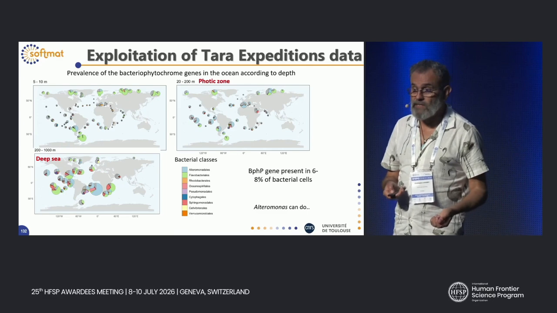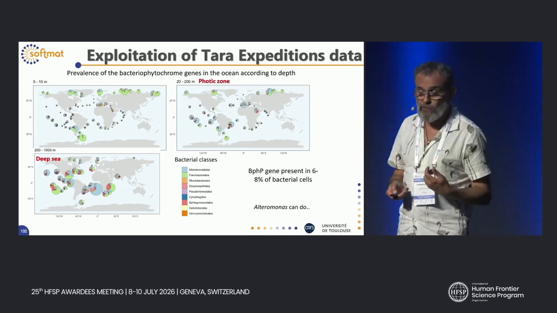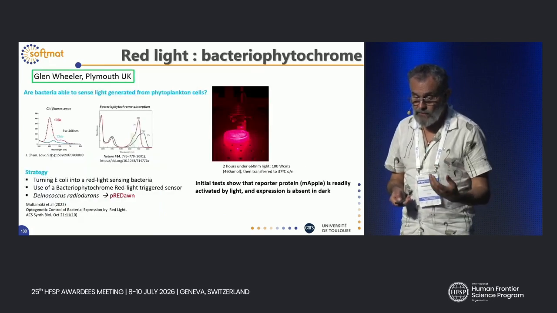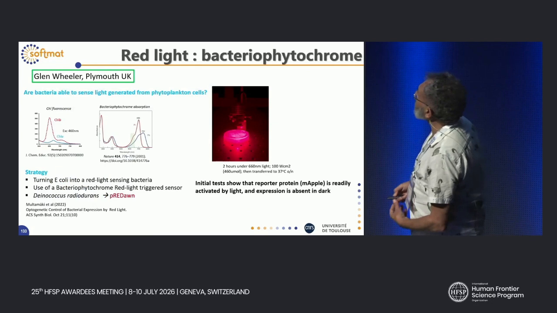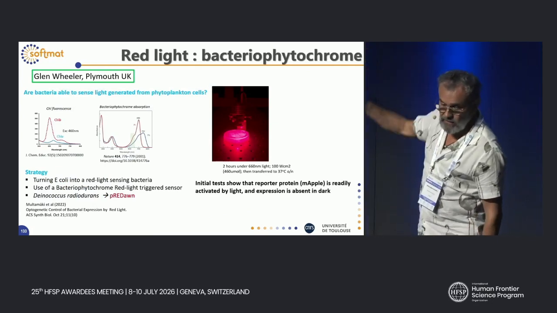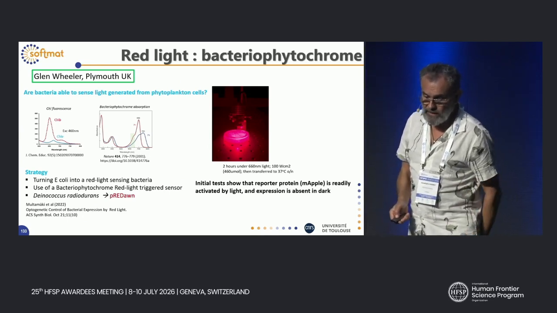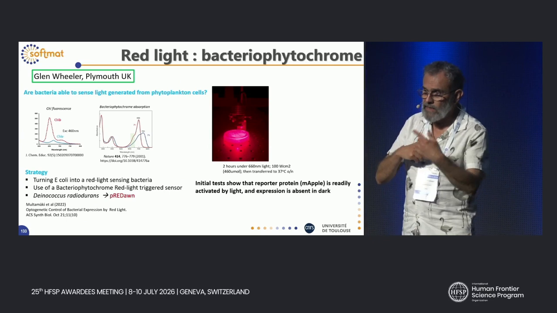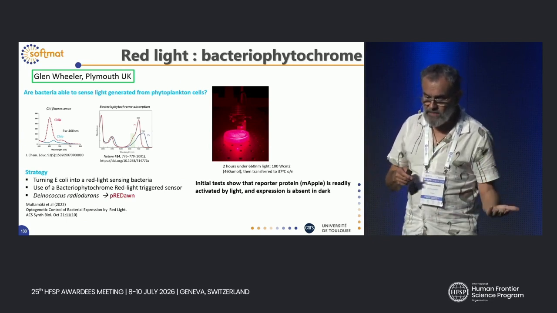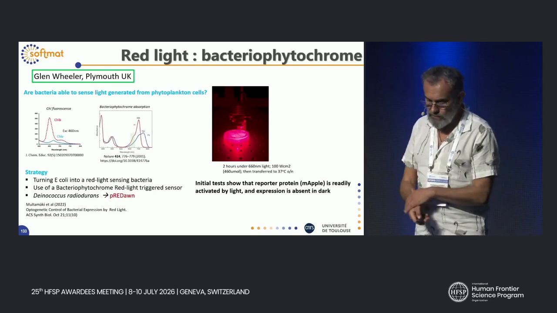So basically, this bacteriophytochrome could be used to sense chlorophyll fluorescence. And it's true that if you look at the spectral overlap between the fluorescence and the phytochromes, I have highlighted in green the region where the fluorescence of the chlorophyll will overlap with the bacteriophytochromes. You can imagine that there could be a transfer of information between the fluorescence, the chlorophyll from the algae, and the bacteriophytochromes from the bacteria.